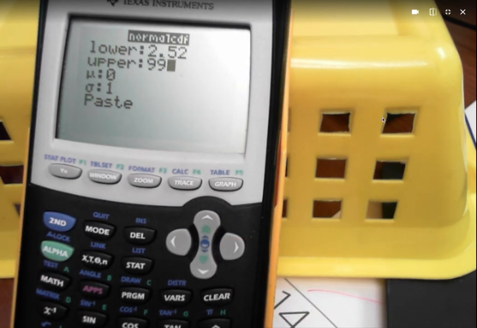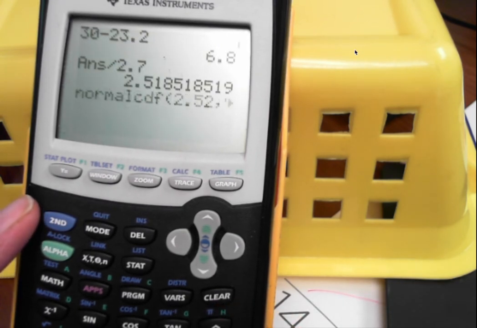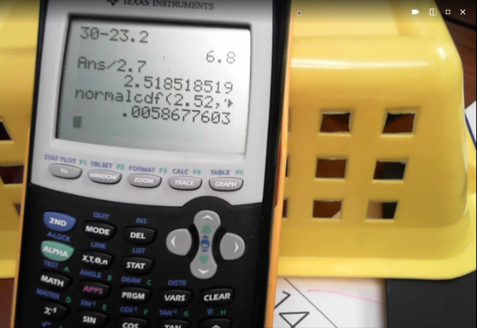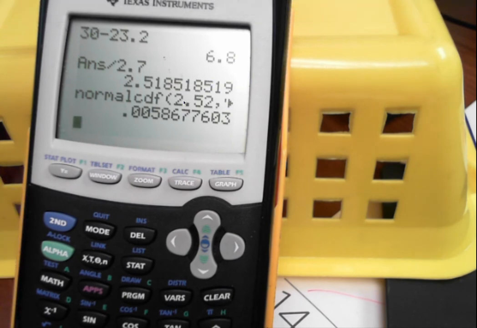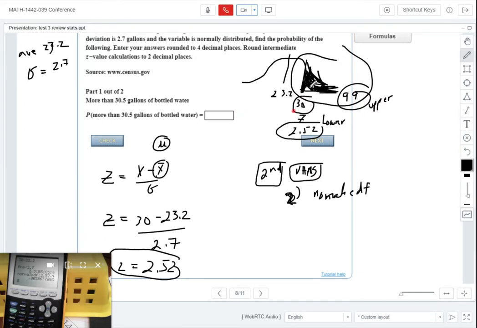For z values, 99 is infinity. When I hit enter, enter, enter, there's the area under the curve, 0.0058, and since this is 5 or more, it's 0.0059. So the area under this curve is 0.0059. You always round areas or probabilities under a curve to 4 decimal places.